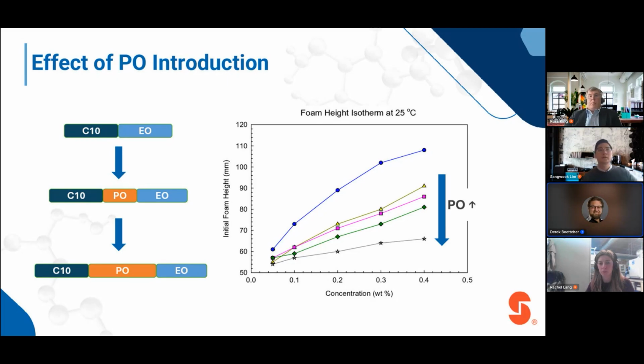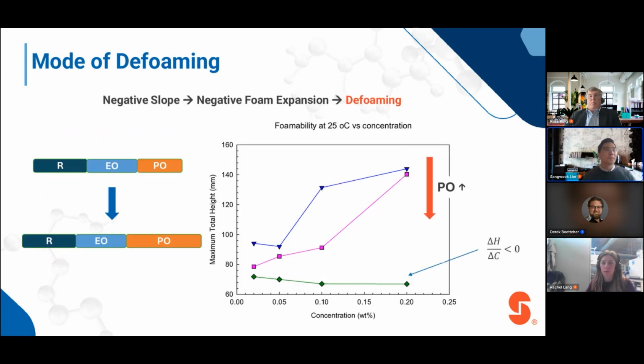And Sungwook, another question to go along with that: can we replace an anti-foaming agent with low foam surfactants? The answer is, I don't recommend it, because there's great literature on the science of anti-foaming.